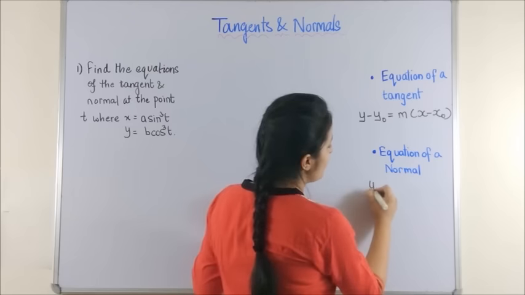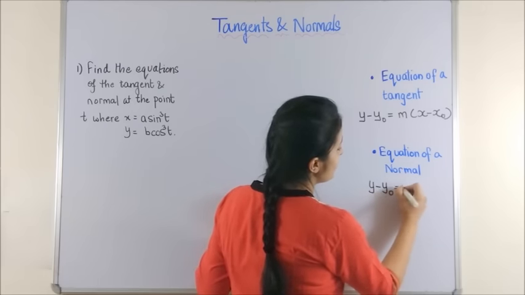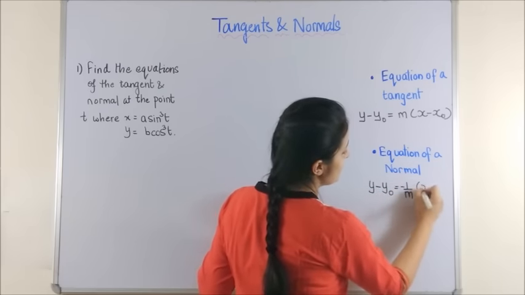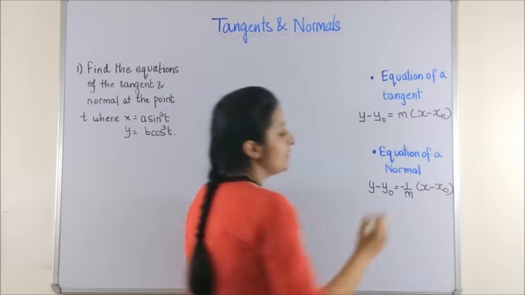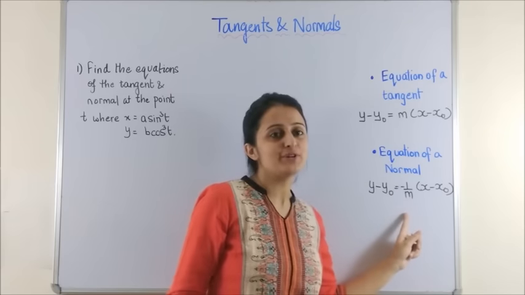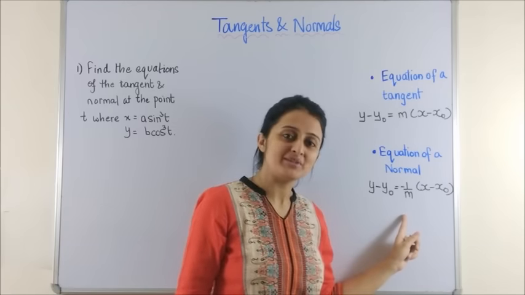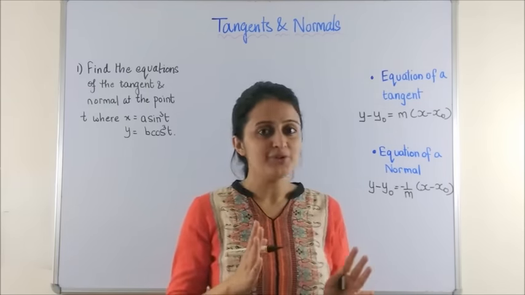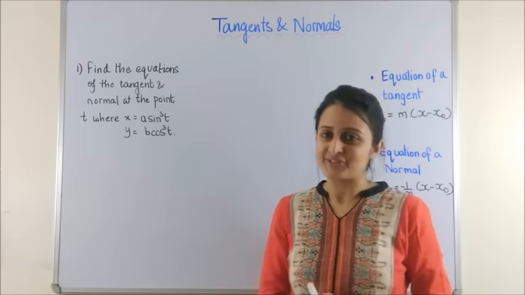Similarly, equation of normal would be y minus y naught equal to minus 1 by m times x minus x naught. If slope of the tangent is m, then automatically slope of your normal becomes minus 1 by m. So if we are good to go, let's begin with the question.